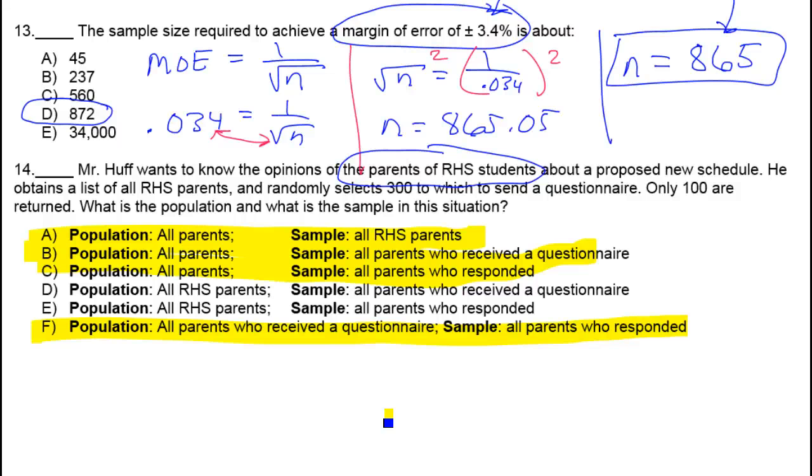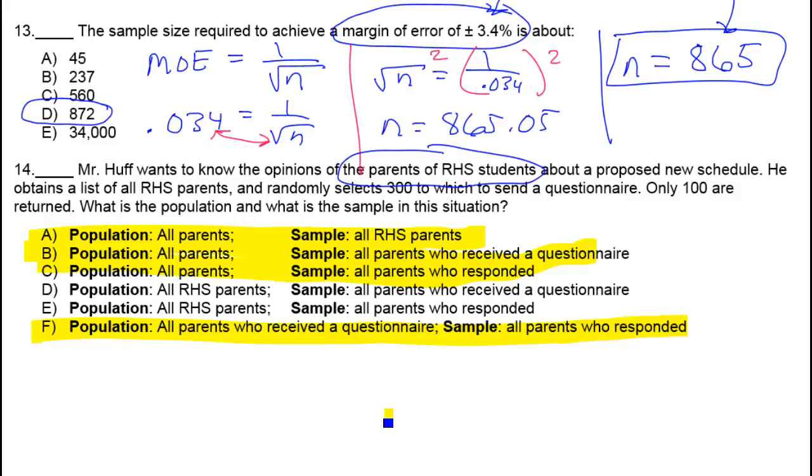The population is everyone you care to know about. And he wants to know the opinions of RHS, the parents of RHS students, all of them. He's using a sample to predict how all of the parents would feel. So it's either D or E immediately just from that.